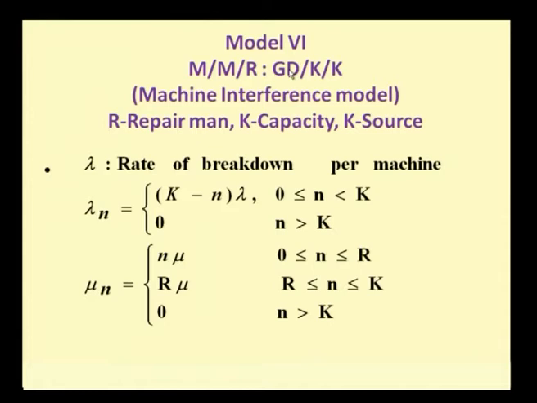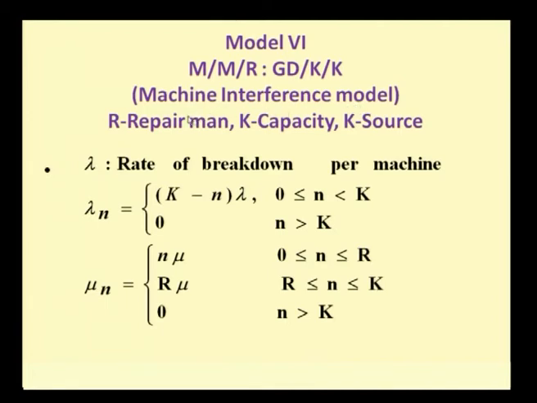We have the capacity of the system to be K and the capacity of the source, that is also restricted to K. And in general, the finite source models are suitable for modeling machine interference model.